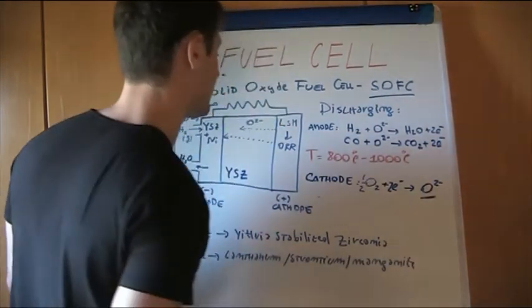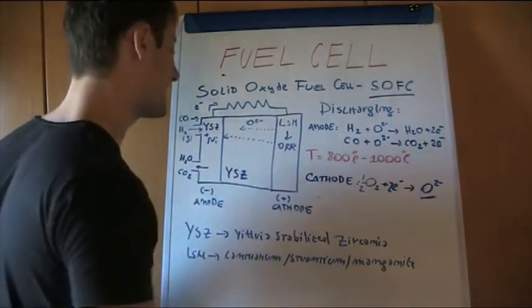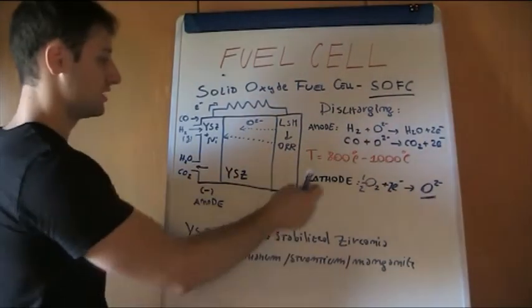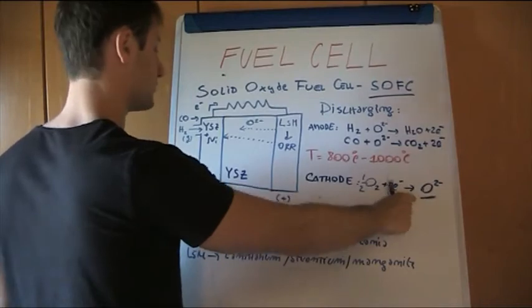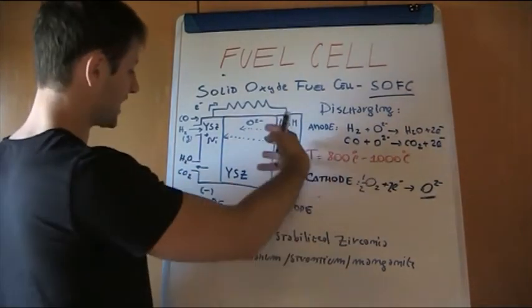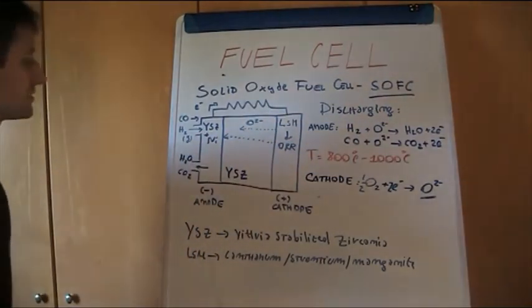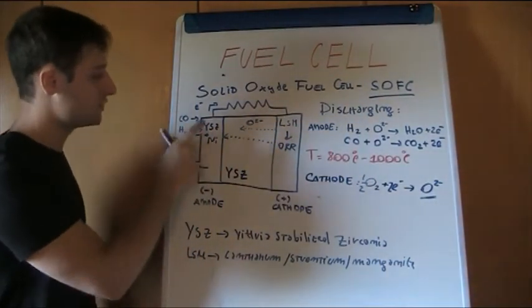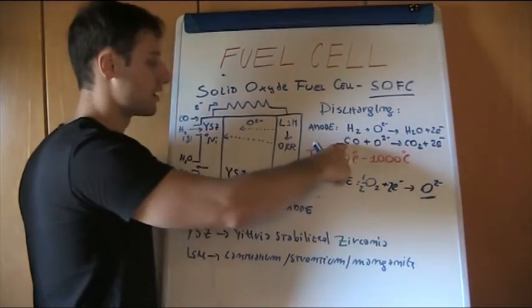What is happening is that from this lanthanum strontium manganite cathode, these ions are able to migrate in the yttria-stabilized zirconia and reach the catalyst surface on the anode, and we can have the oxidation of hydrogen or carbon monoxide.